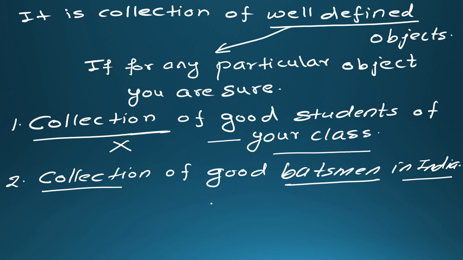But let's try to understand with the example. Here we are taking the collection of good batsmen in India. So why is this not a well defined collection? See, if I say, for example, Virat Kohli, do you think Virat Kohli will be in the good batsmen collection? Definitely you will say yes, he will be.